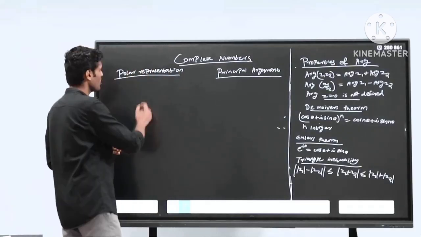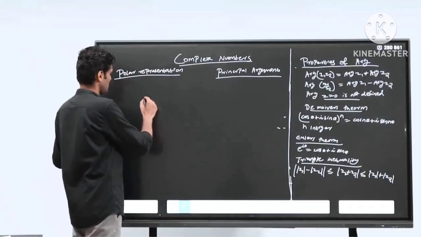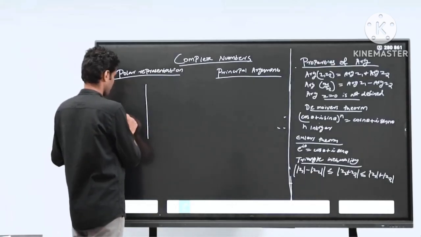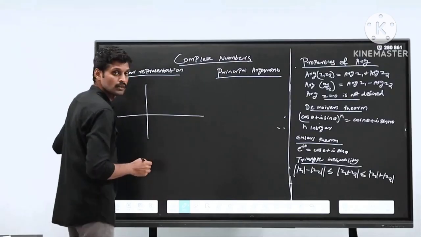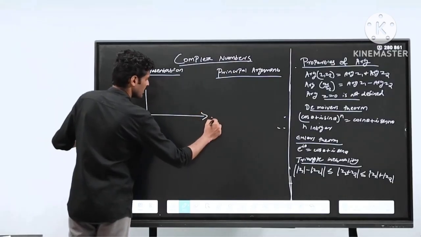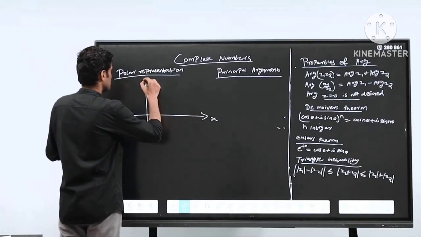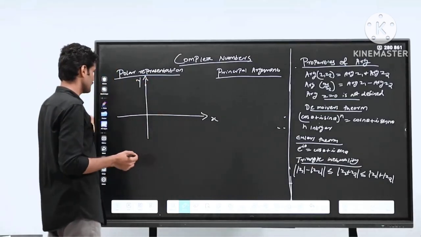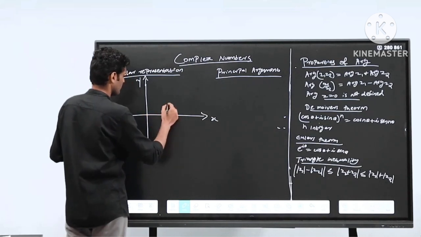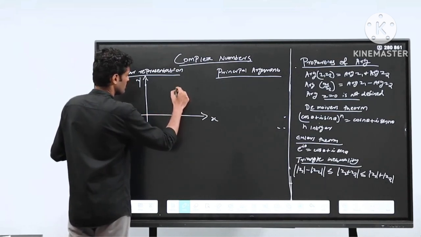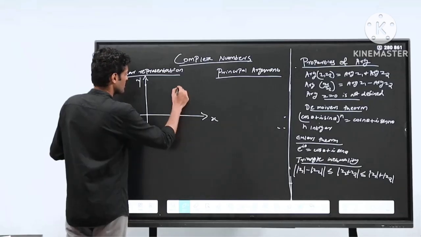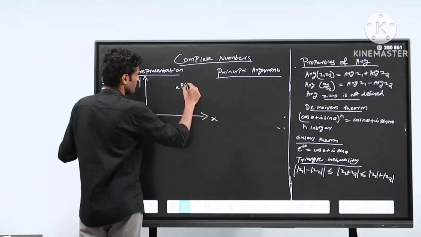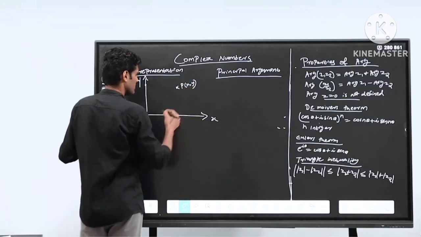So for polar representation, we can draw this x-axis and this y-axis. I am just marking a point P(x, y).